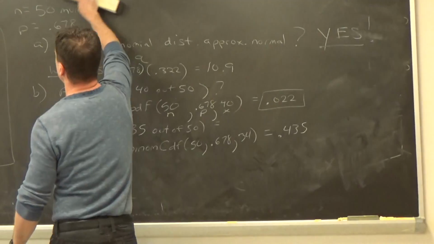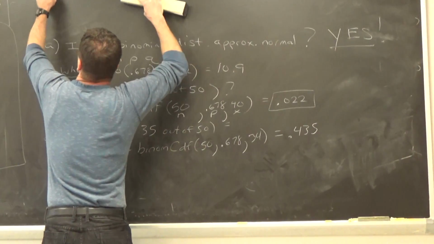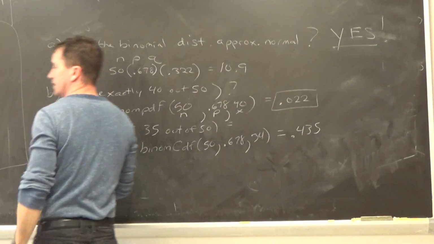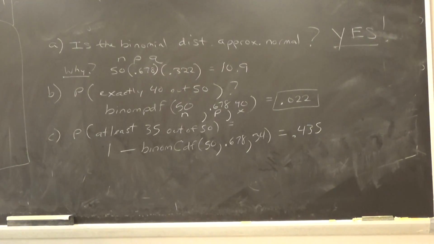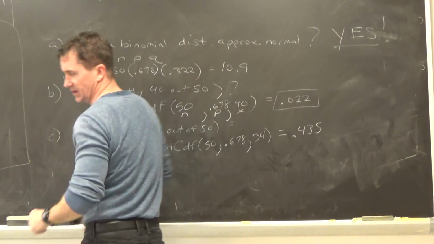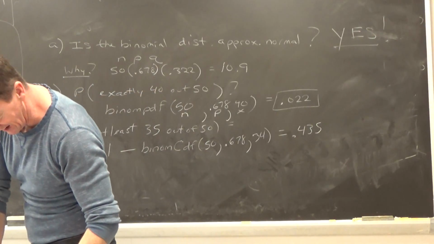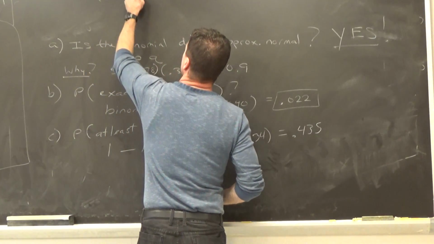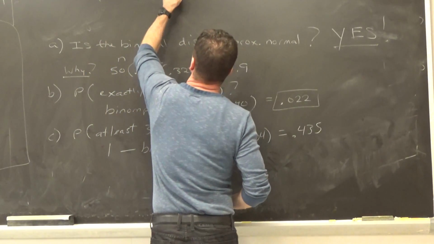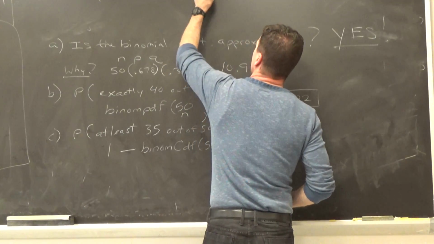And then here comes D and E. D, what's the probability that fewer than 25 murders, that's the problem in the book? How would you do that? That's binom CDF, right?